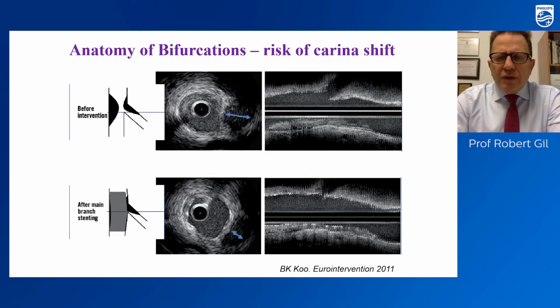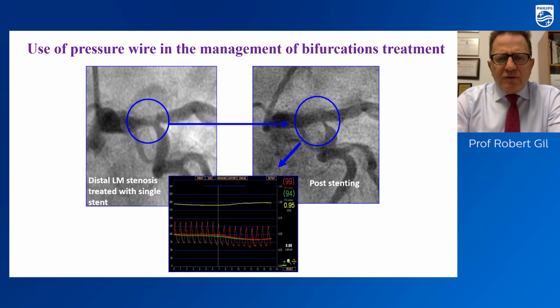Here you can see the carina, and when you use, let's say, a stent with a bigger diameter than the distal reference, or if you perform POT too deeply, you can really change the position of the carina, and then you impair the flow for the side branch. So this is a very bad situation. We are forced to recreate the flow for the side branch.